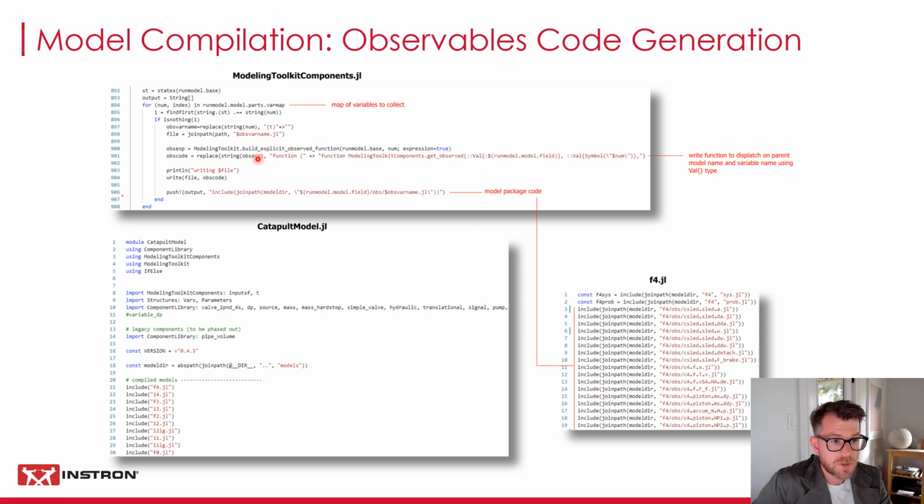So here I'm calling build explicit observed function, and then I do a string manipulation. By doing this, I'm able to include two types to dispatch with, the model name and the observable name. Now I can use Julia's multiple dispatch to call getObserved to get the observables, and now this works with a serialized ODE system. And as I'll show in the next slide, this offers some significant efficiency gains.